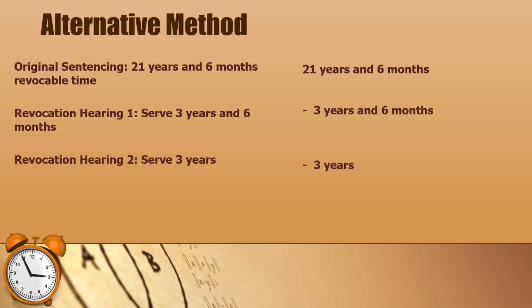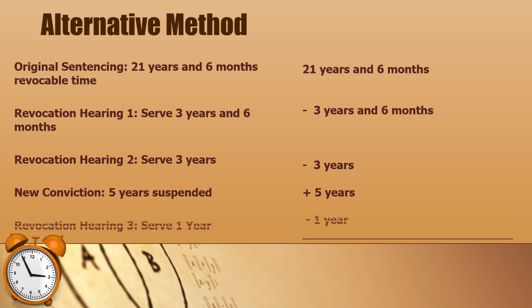Then at the next revocation hearing, he had to serve another 3 years, so we can subtract those years as well. But then he received the new conviction, so we actually do have to add that suspended time, but then we subtract the 1 year served at the last revocation hearing for that new conviction. And that results in the same 19 years revocable time after the 3 revocation hearings and the new conviction.